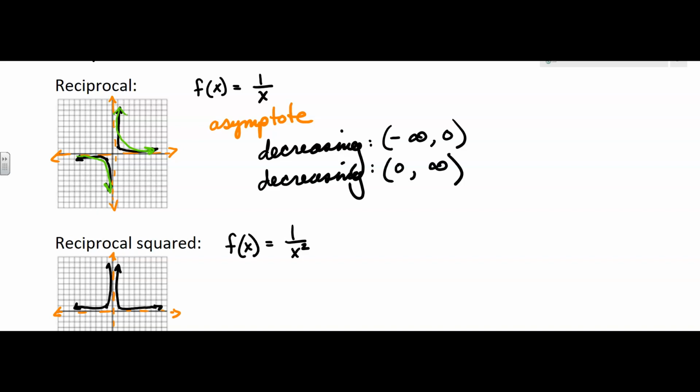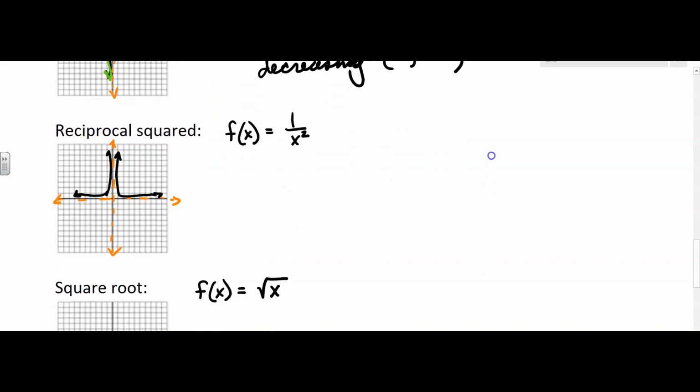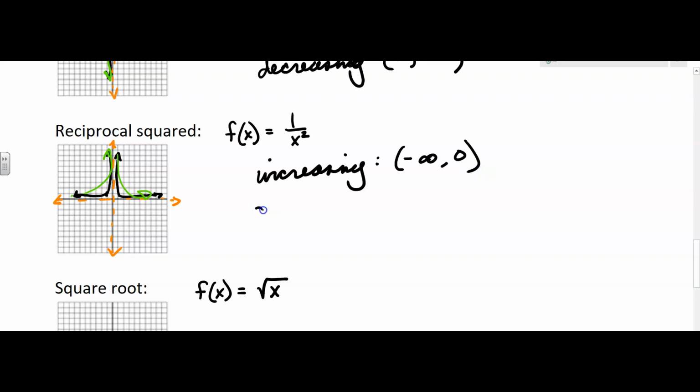So, okay. So what do we have here on the reciprocal function? Well, it looks like this part's increasing, right? And this part's decreasing. So we'll write that. So it's increasing from -infinity to 0, and then it's decreasing from 0 to infinity.